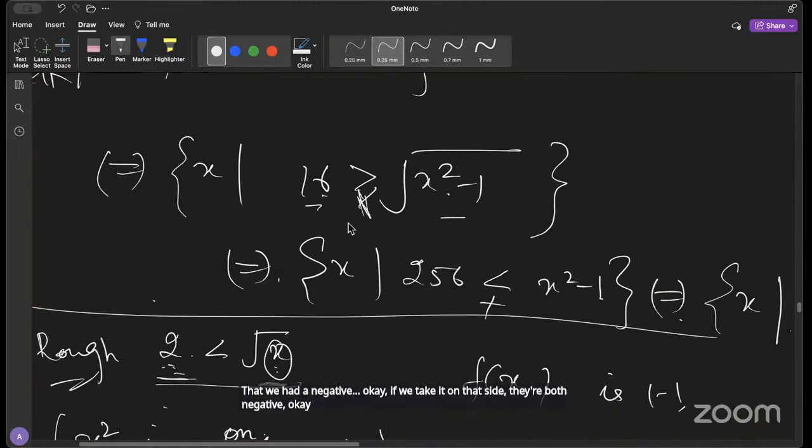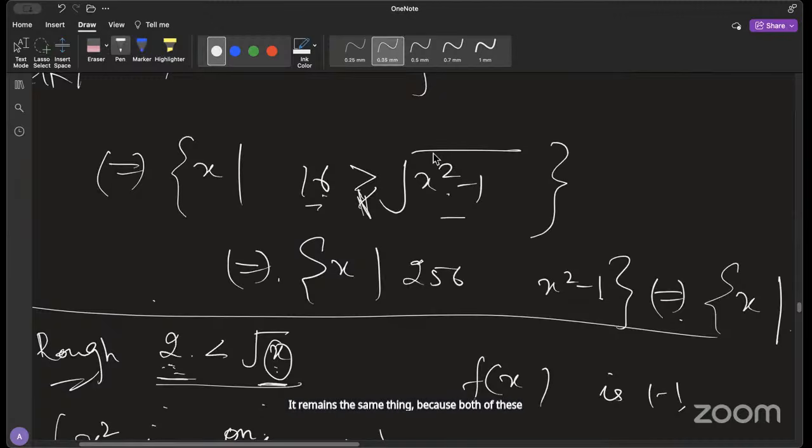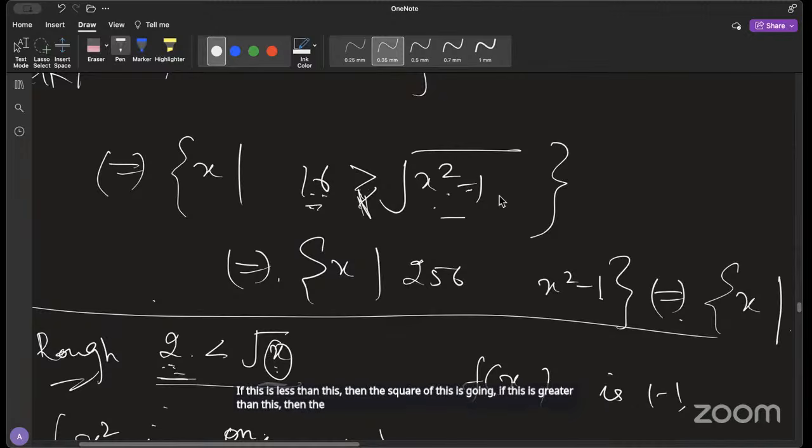Okay, so we'll have to change this thing here then. It remains the same thing because both of these numbers are positive. If this is greater than this, then the square of this is going to be greater than this because they're both positive. So only this is going to change.